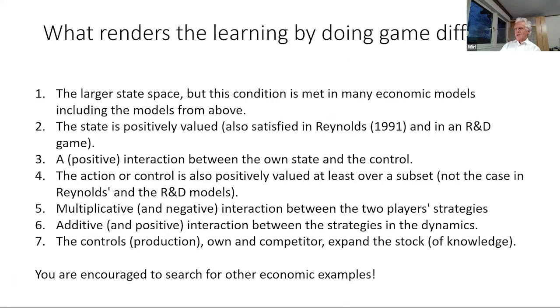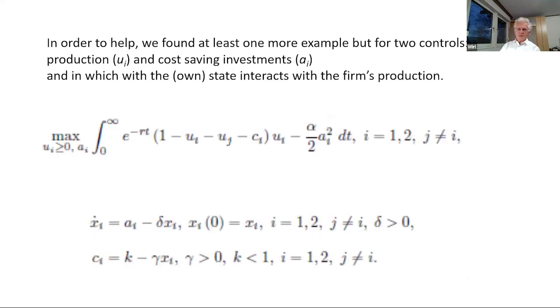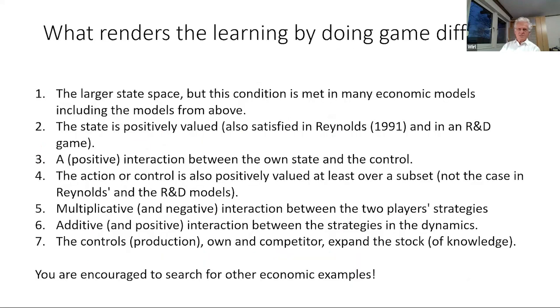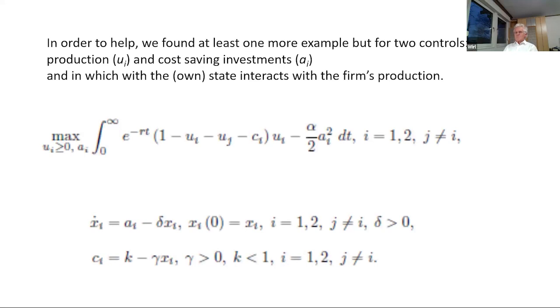So I saved you this list because I was looking at what is so specific about this learning by doing game. Anyhow, be encouraged by this finding of multiple linear Markov perfect equilibria in an economically meaningful setting.